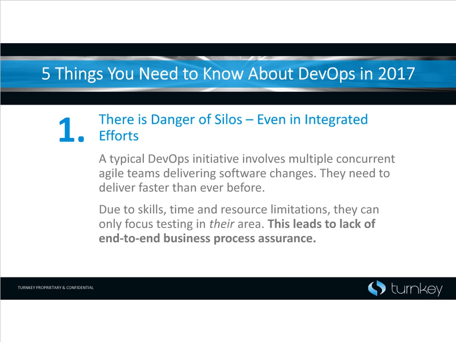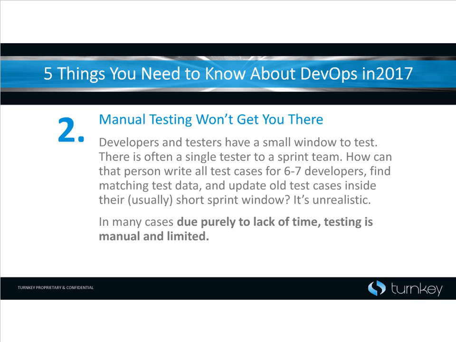And we find that a number of companies struggle with how do I pull it all together and have this assurance that my end-to-end business process, which almost always traverses different application types, different technologies, works at the end of the process? So be careful, beware of the danger of silos even while in this integrated process.